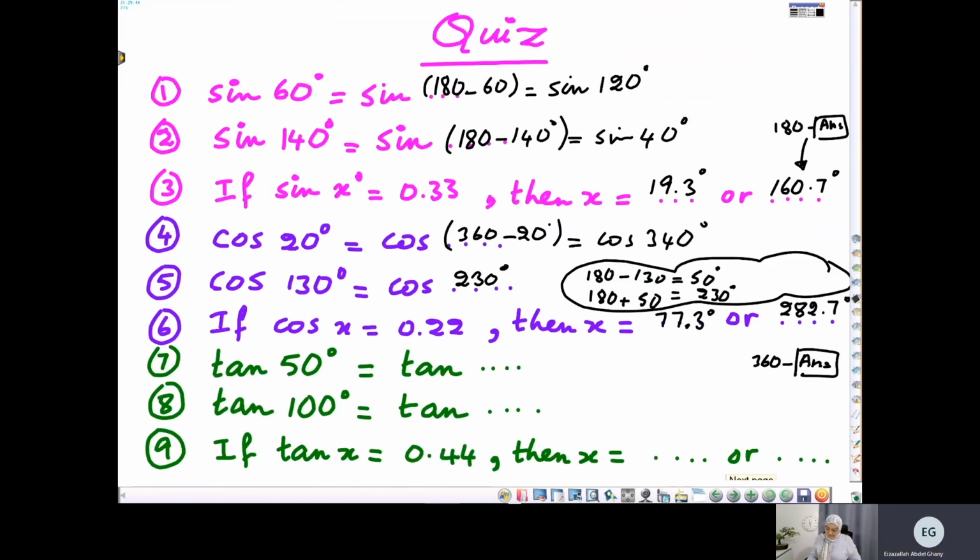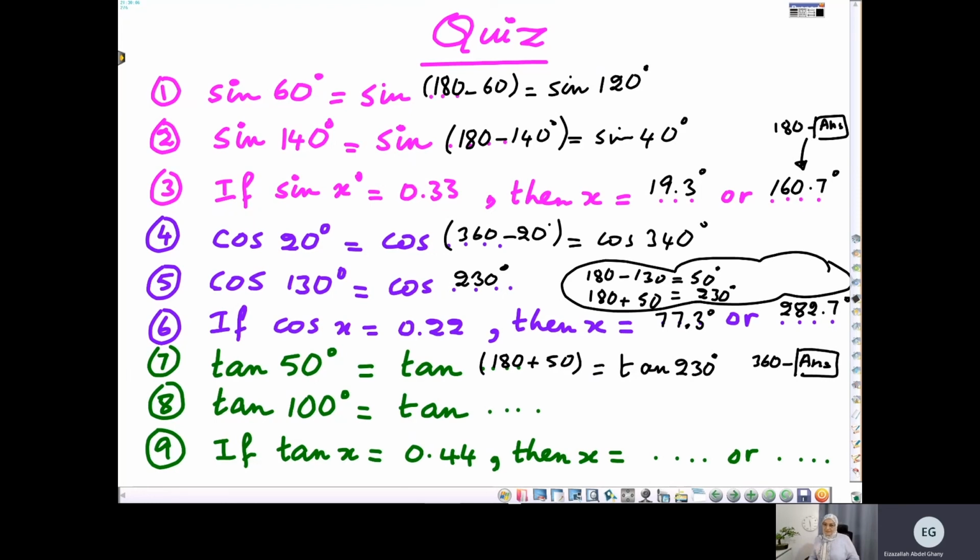So tan 50 is tan 180 plus 50, which is 230. If you need to check, you can easily find it.